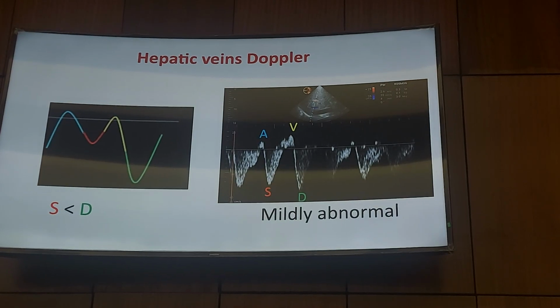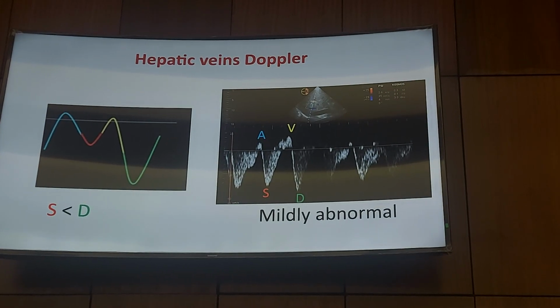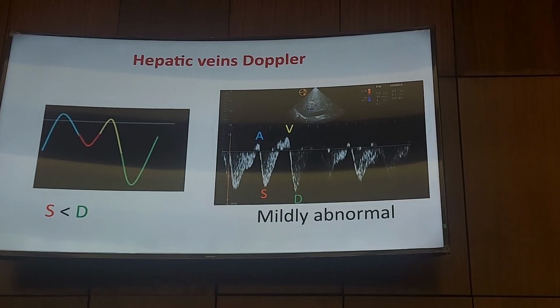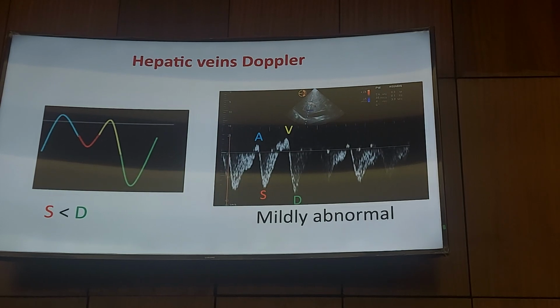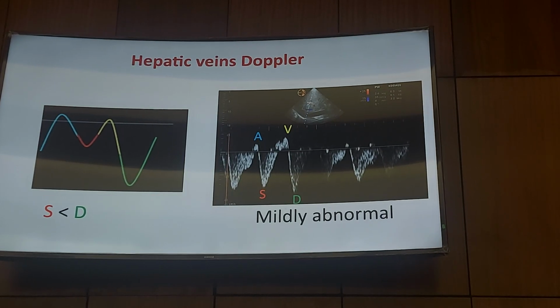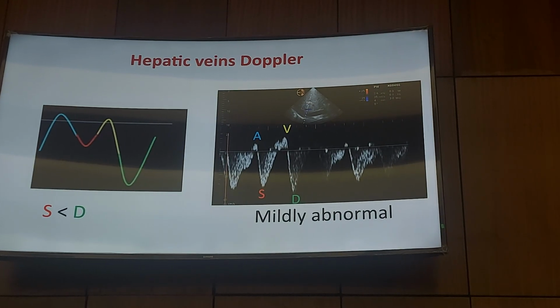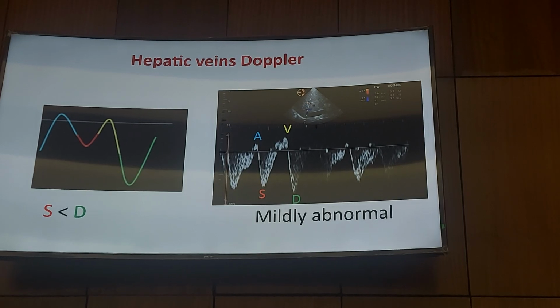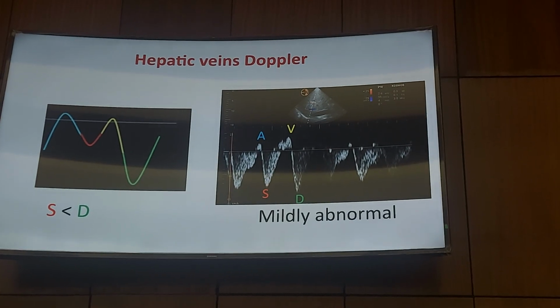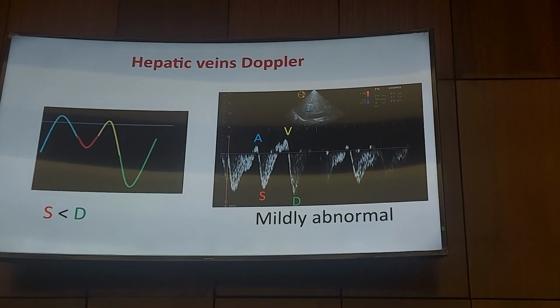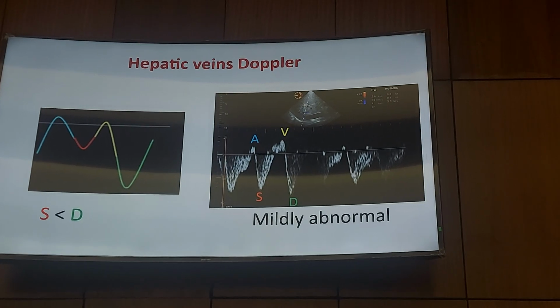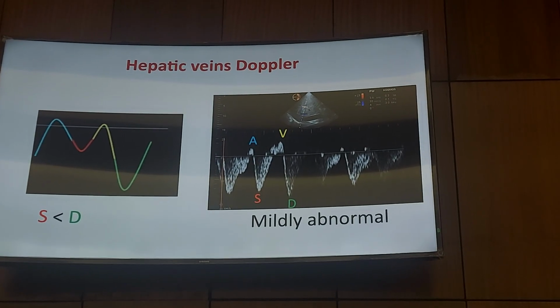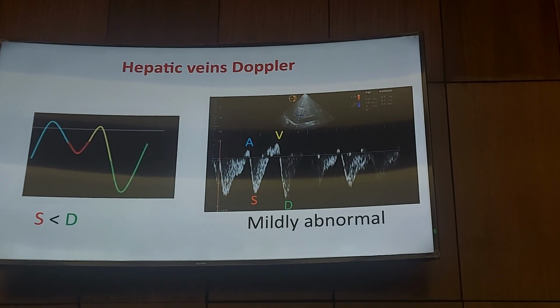And then when the right atrial pressure increases, you will have reduction of the S wave. So there will be resistance of flow during ventricular systole. You will still have the flow predominantly below the baseline, systole and diastole, but S will be smaller than the D. And if the right atrial pressure keeps rising, what do you think will happen to the waveform?